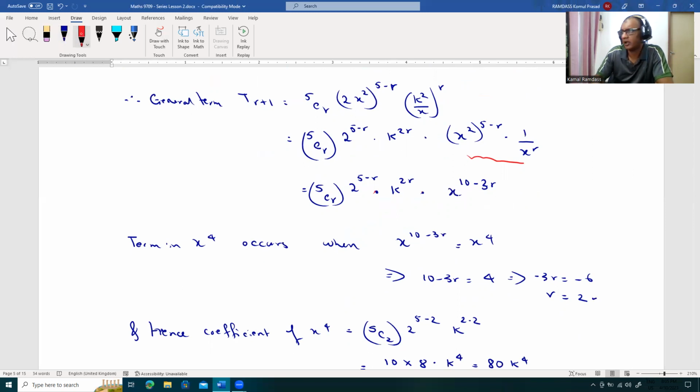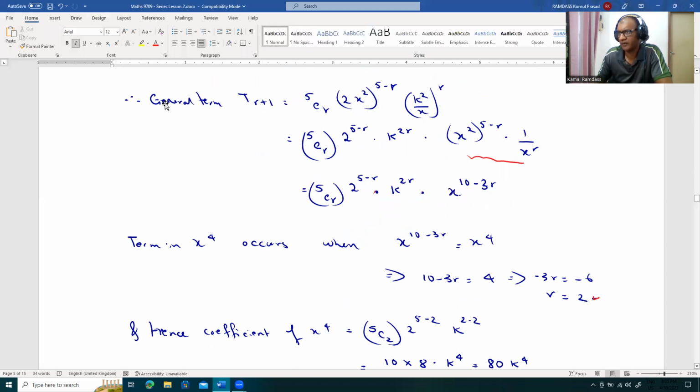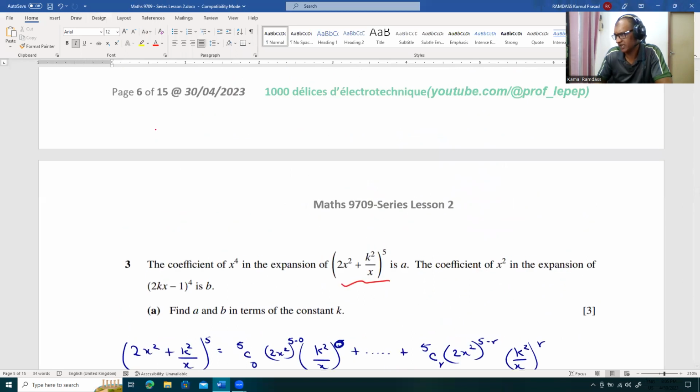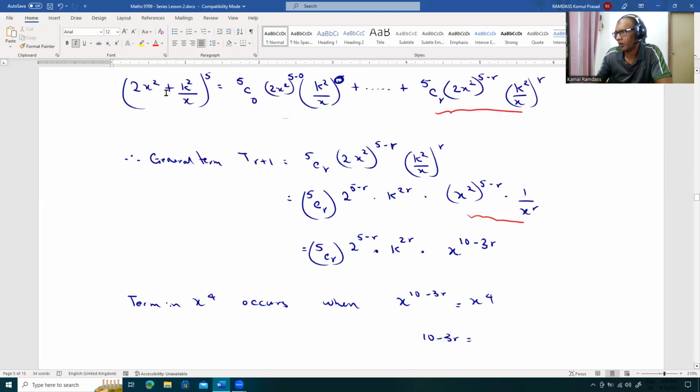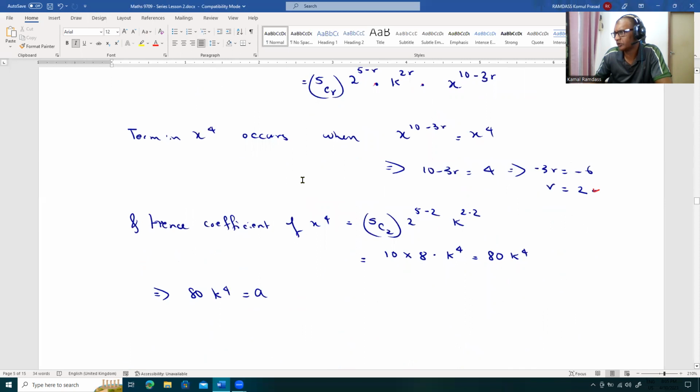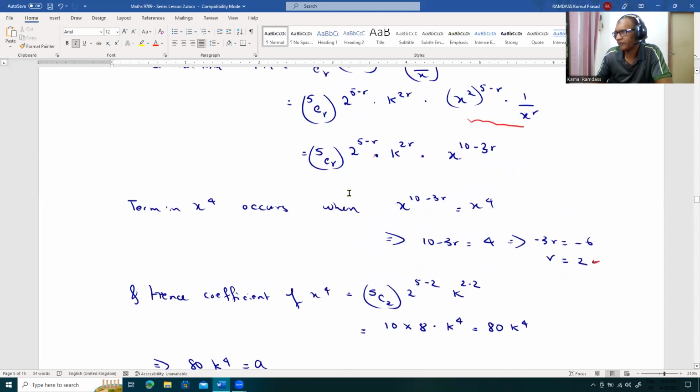Now the coefficient of x to the 4 in the first expansion: we replace r is equal to 2. In there, 5C2, 2 to the power of 5 minus 2, multiplied by k to the power of 2 times 2.